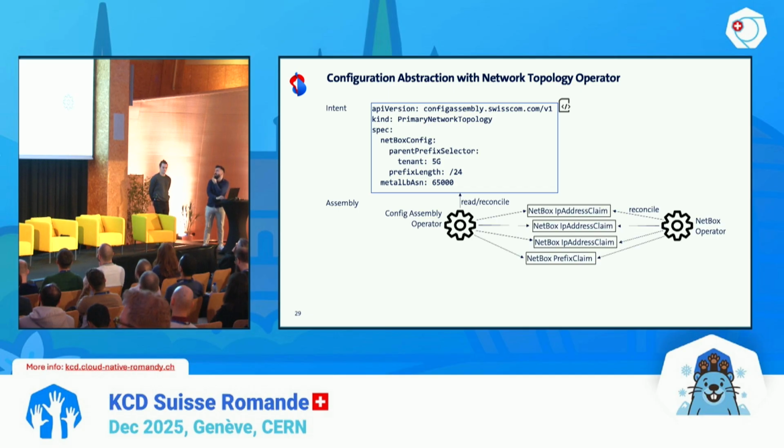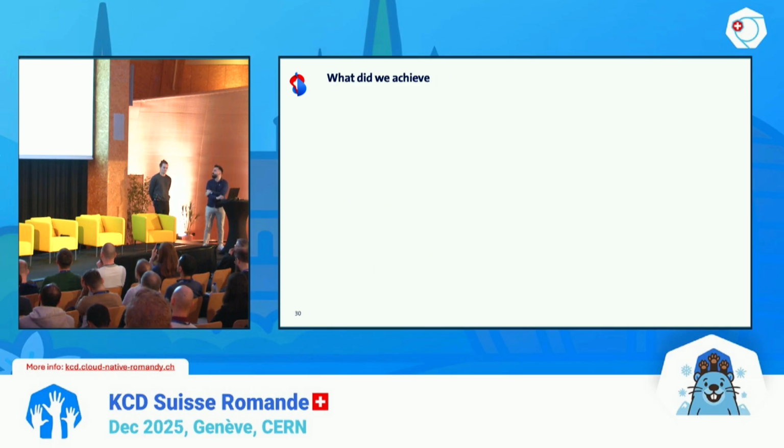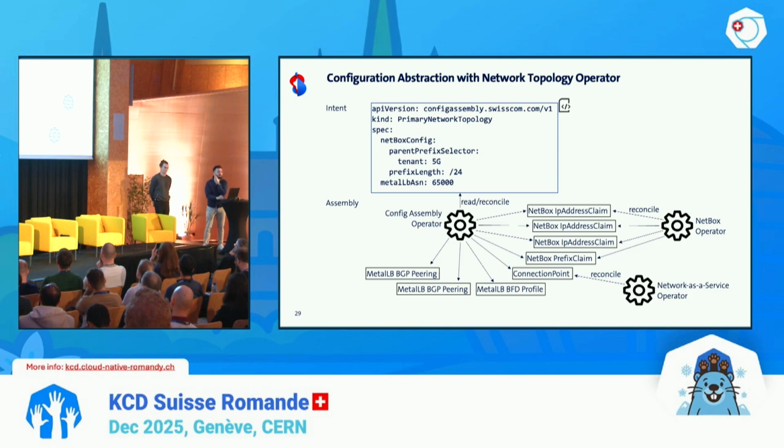All these IPAM resources are going to be reconciled by our Netbox operator. Our Netbox as a service operator is also going to reconcile the connection point, and the MetalLB resources are also going to be created. So now, Fabian, I think you can conclude the rest of the presentation.